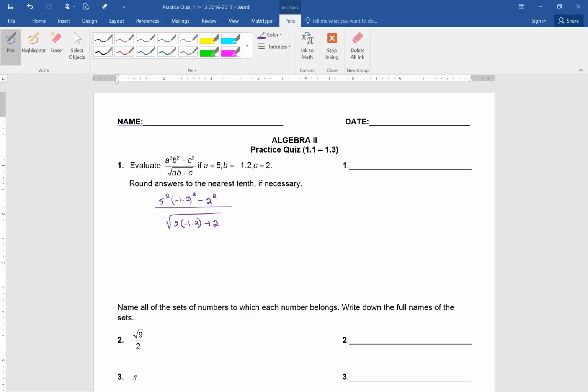So 25 times 1.2 squared is 36 minus 4 over negative 6 plus 2. So we get 32 over the square root of, what is that?